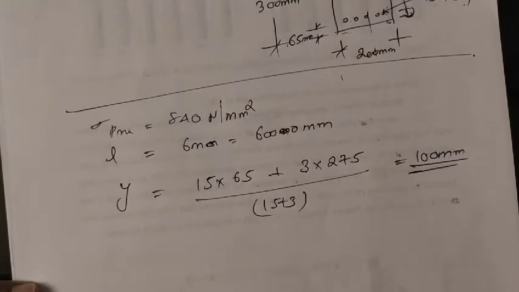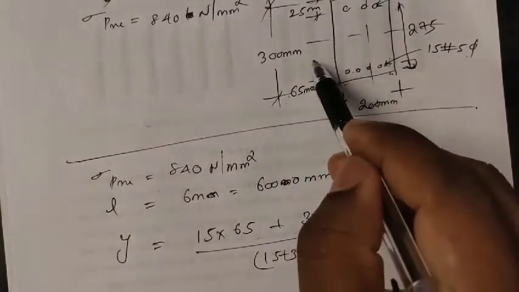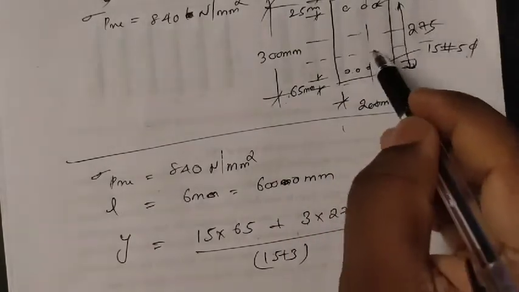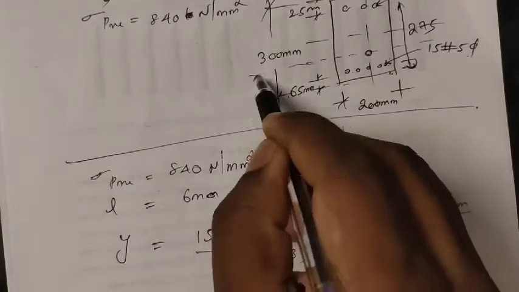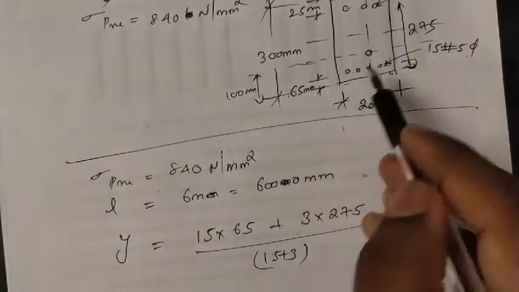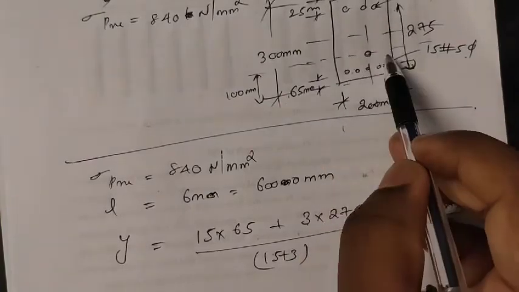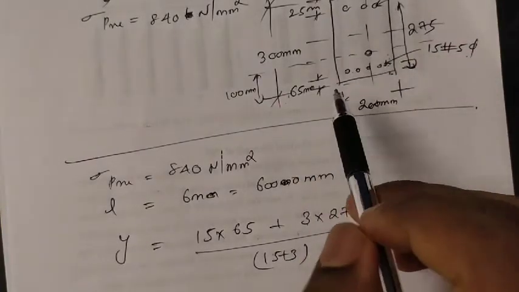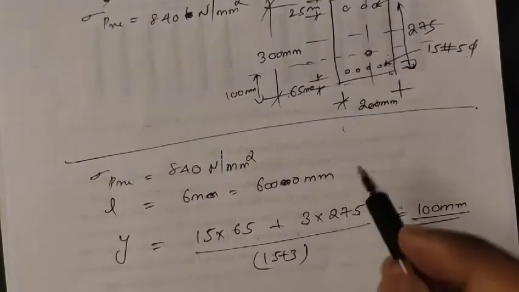That means 100 mm from the bottom is the exact centroid of the 18 wires. Here this point is where the total of 18 wires will act effectively. So we want to know the eccentricity.